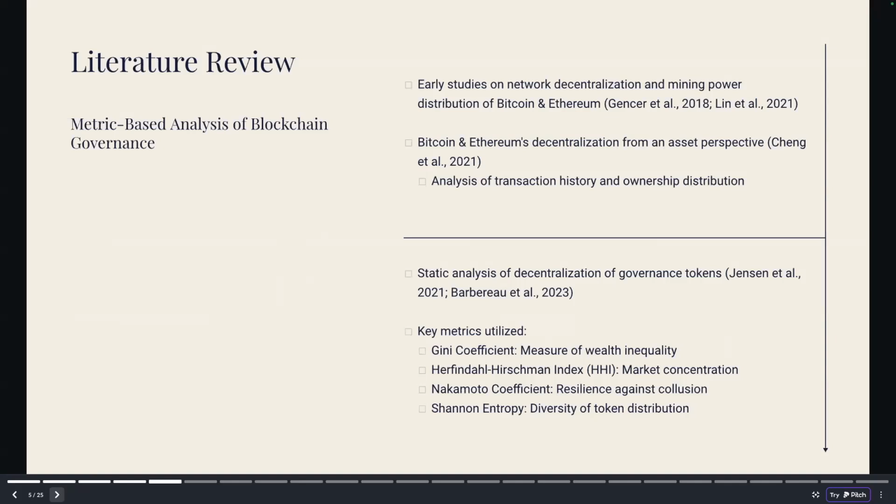There is some static analysis of the decentralization of governance tokens, looking at token distribution. In all of those studies, they mainly focus on a few metrics, namely the Gini coefficient, the HHI index, the Nakamoto coefficient, and the Shannon entropy.